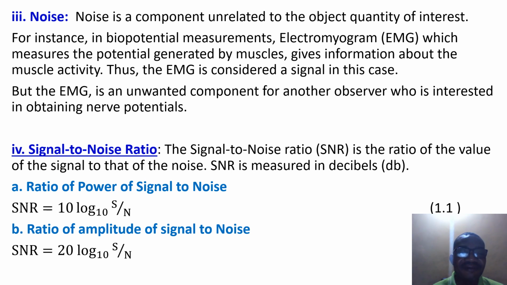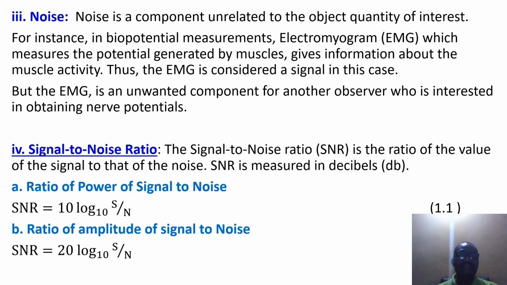But the electromyogram is an unwanted component for another observer who is interested in obtaining nerve potentials. So if another observer wants to measure nerve potentials and electromyogram is affecting the quantity that is to be measured, in that case it has become noise.